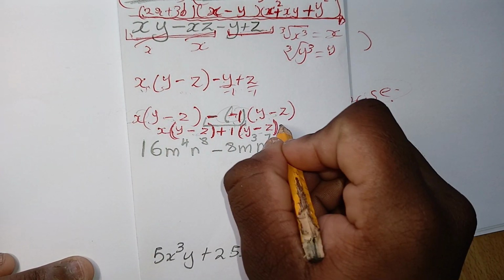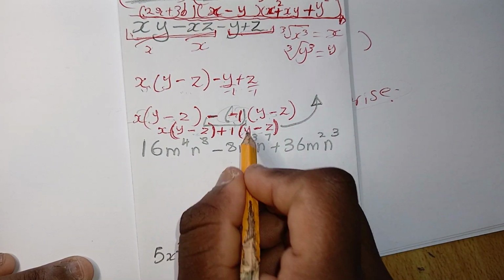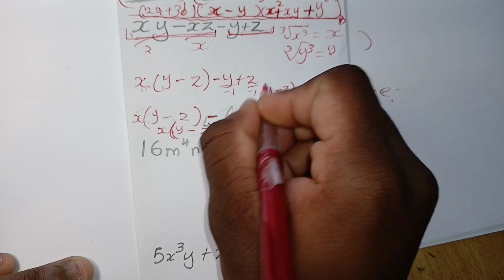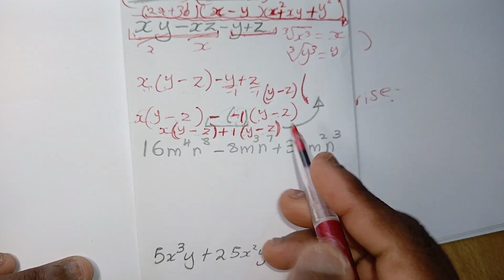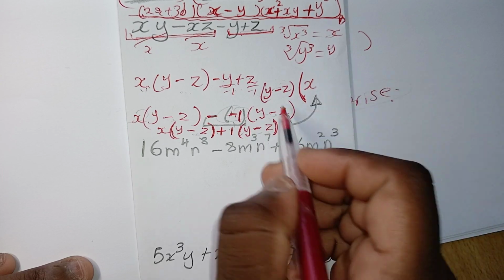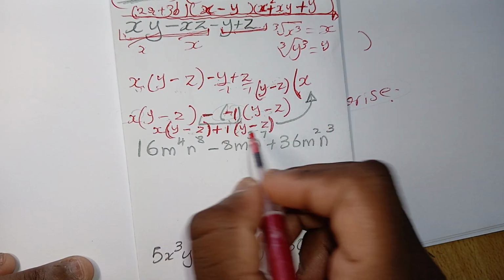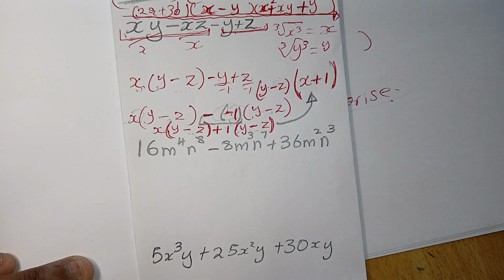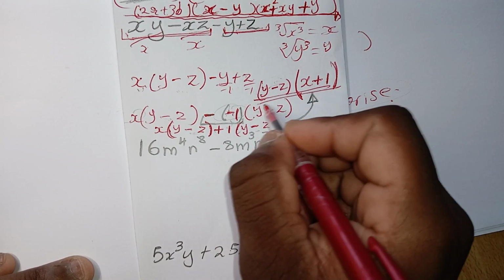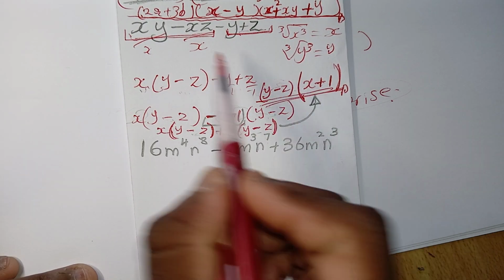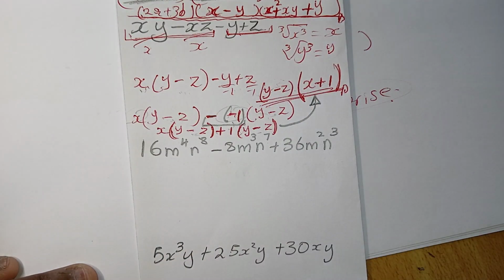So now when I factorize this thing by taking a common factor, it will be y, z, open bracket, my common factor divided by there, I will be left with x. Common factor divided by here, I'll be left with plus 1. Do you see, guys? This one is the final answer of this thing. And when I factorize, guys, I just form the bracket from there until here. Do you see? Yeah.